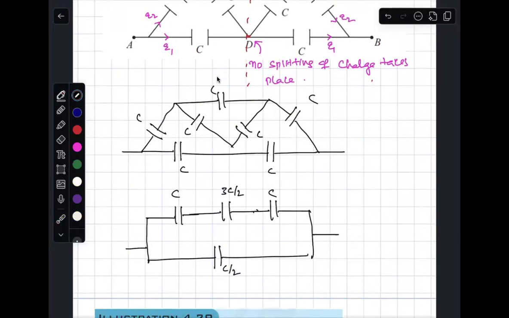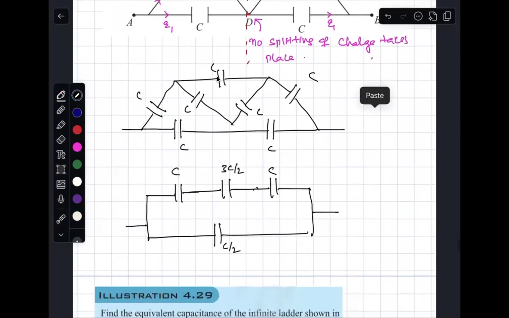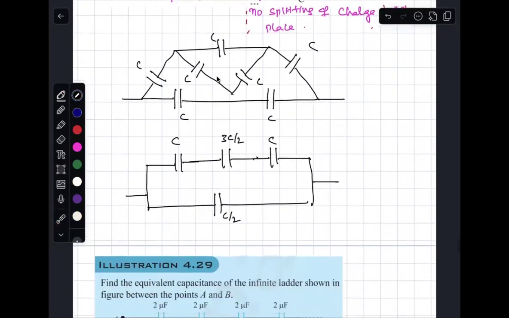Till this point, any doubt? Now, what is the equivalent of the above? 1 by C plus 2 by 3C plus 1 by C is 1 by C equivalent. So 3C is the LCM, 3 plus 2 plus 3. 3C by 8. 3C by 8 and C by 2 are parallel.